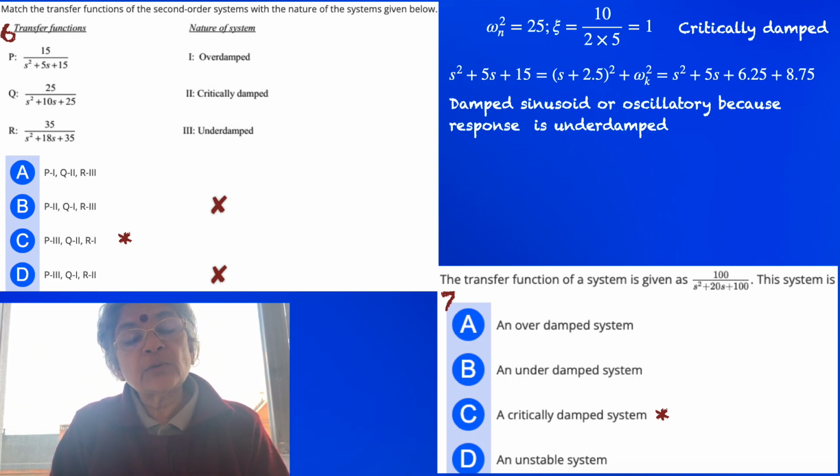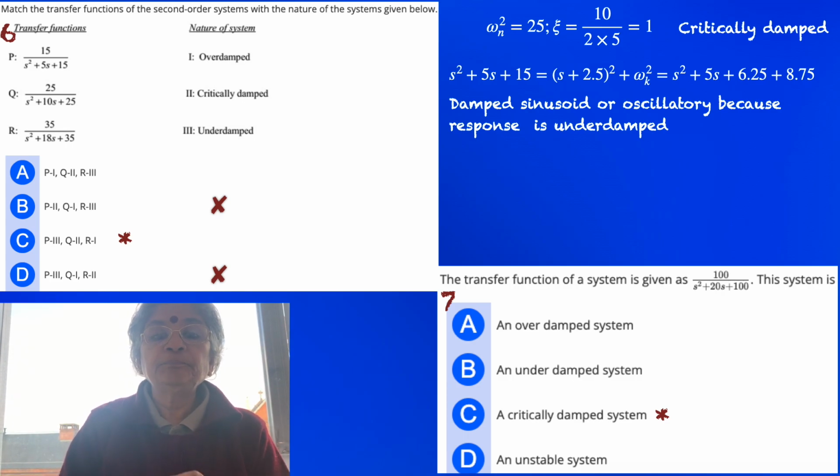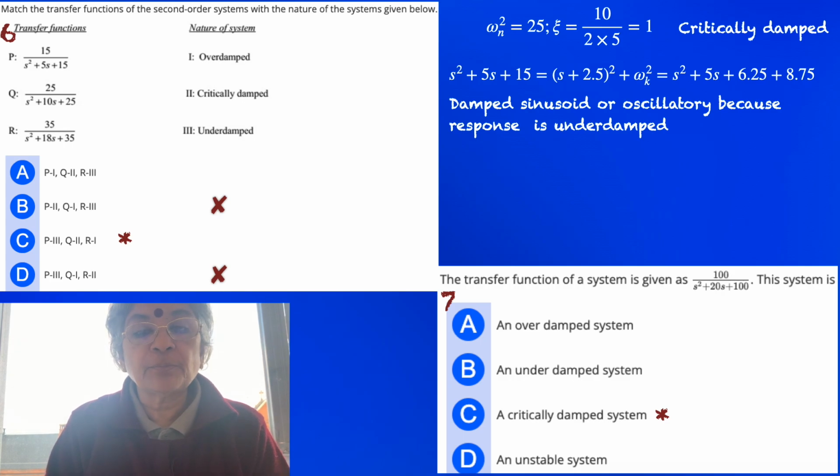So s square plus 5s plus 15, you just rewrite as s plus 2.5 whole square. So we have s square plus 5s and the rest. Okay, so 2.5 square is 6.25, and so we have the rest from 15 as omega d square. So we have s square plus 5s plus 6.25 plus 8.75.